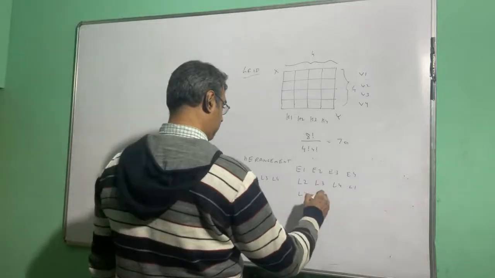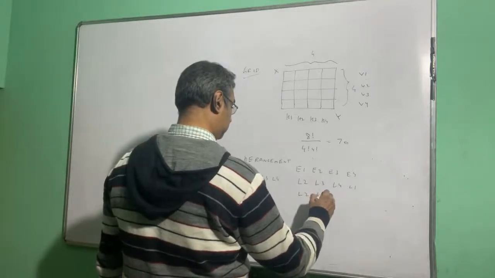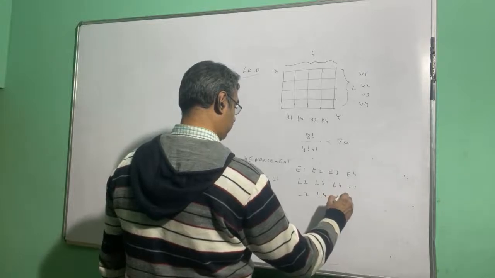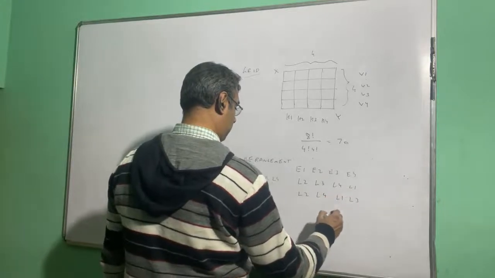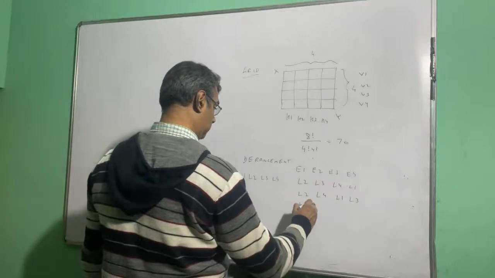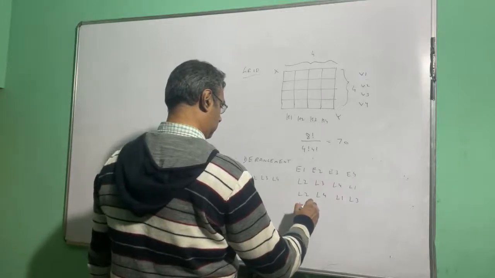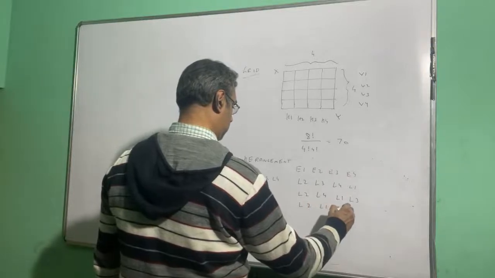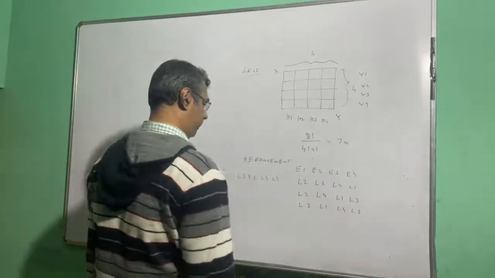Then L2 over here, L4, L1, L3, and L2, L1, L4, L3.